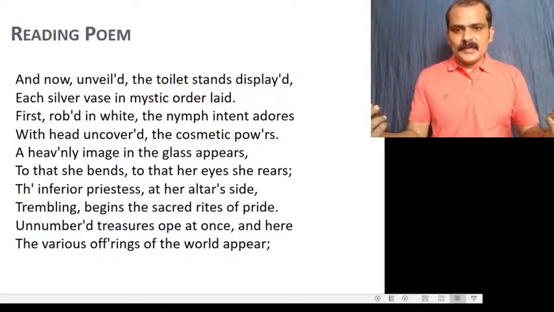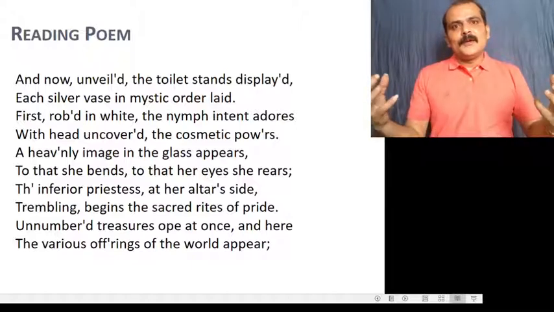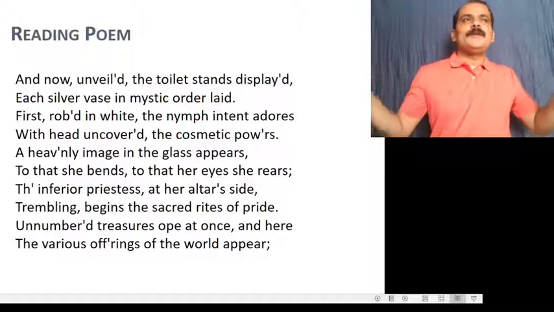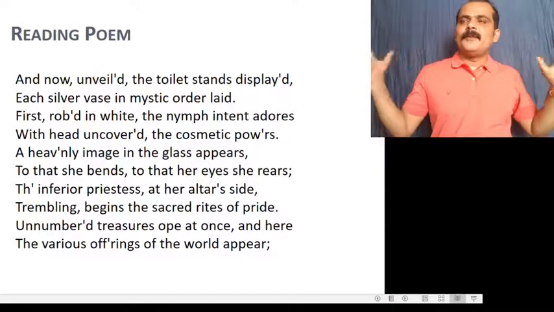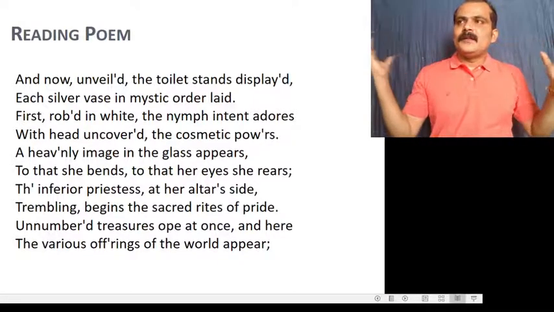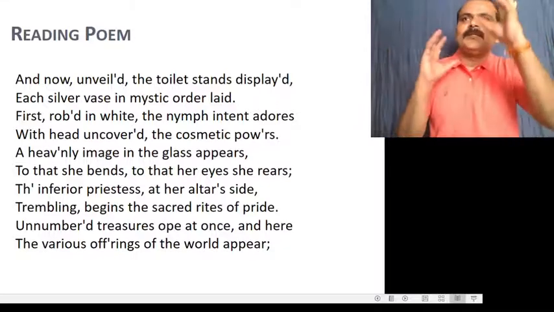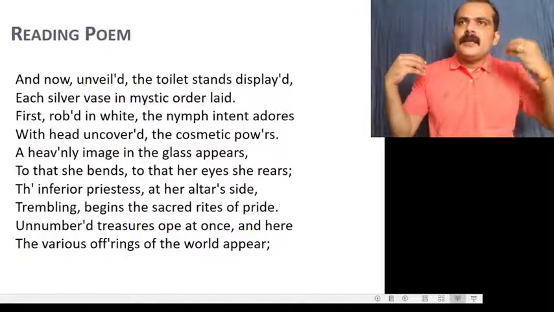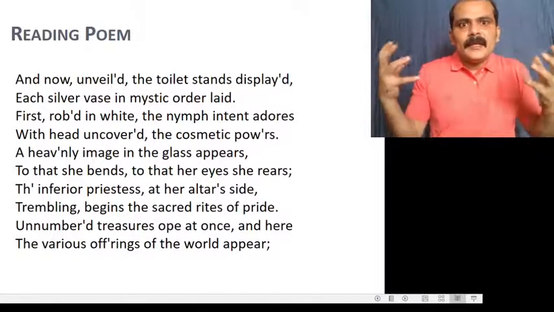It is very interesting to know that even the nymphs themselves are surrounded by others, and they are just looking after each and everything, making up and getting this Belinda ready.